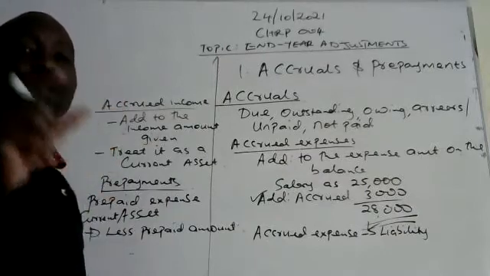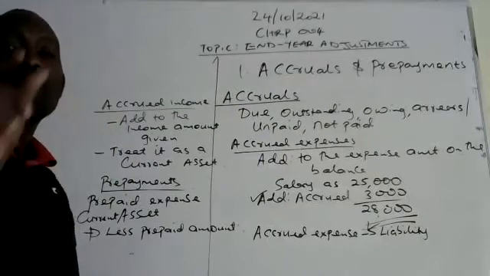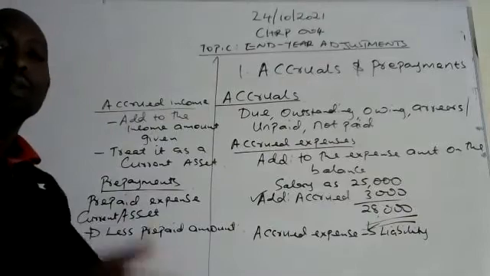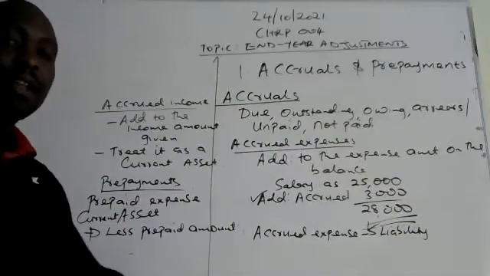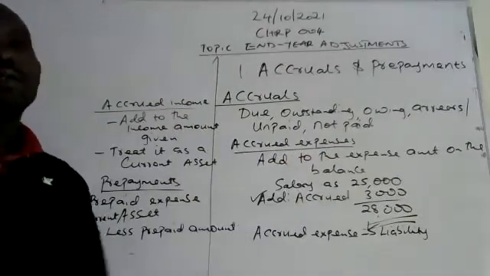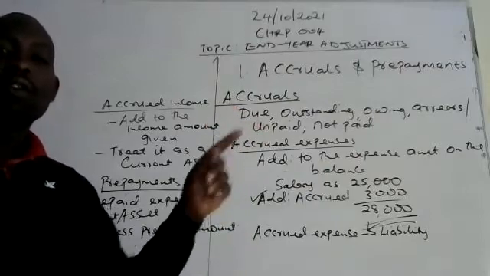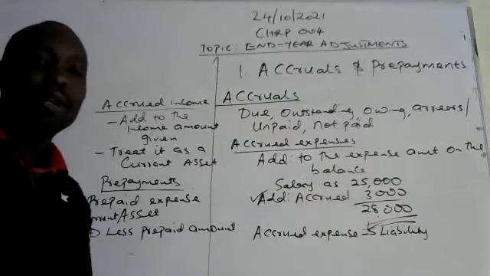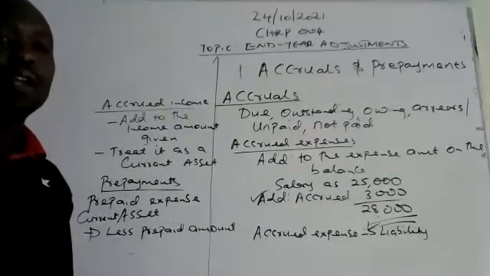So we normally take this 1,000 which is prepaid, we less it from the amount paid, so that now we can get the correct figure to be used in the income statement. And then the 1,000 extra which is prepaid, we now consider it as our asset, as a current asset in the other statement we call the statement of financial position.